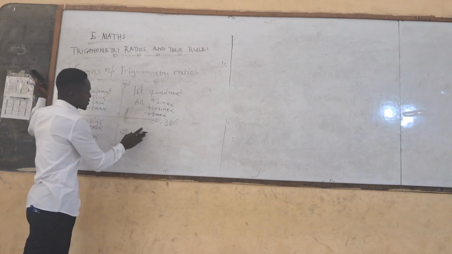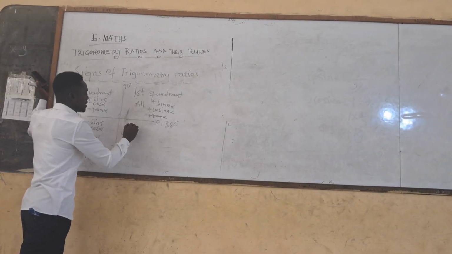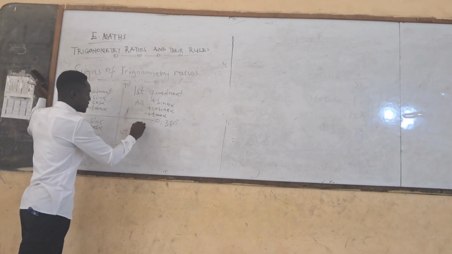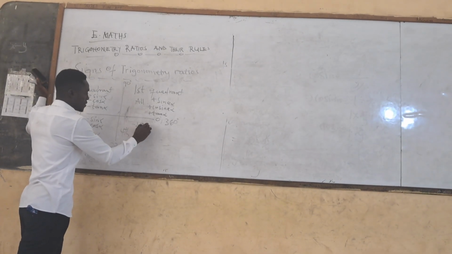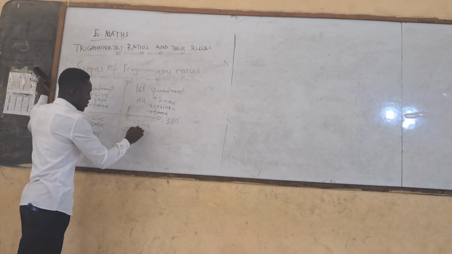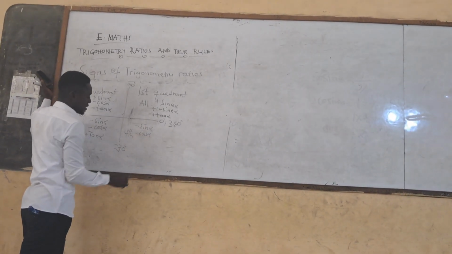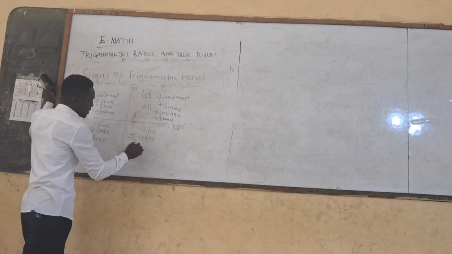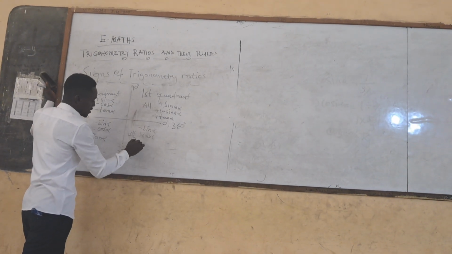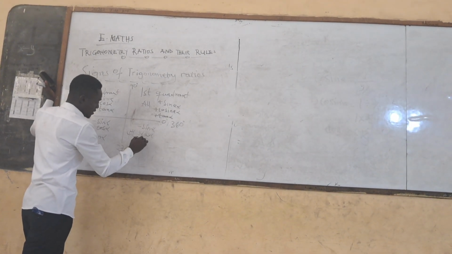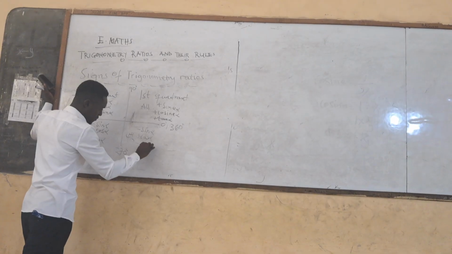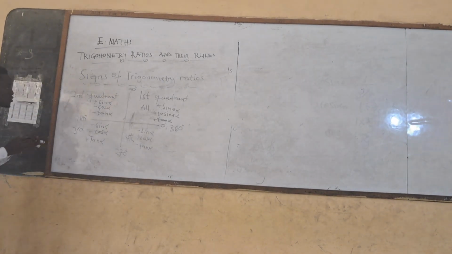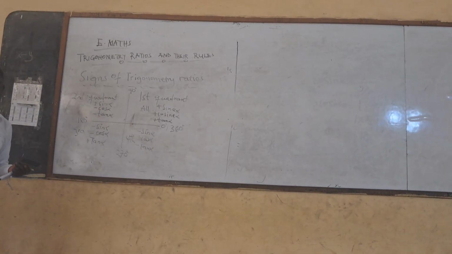In the fourth quadrant, sine is negative, cos is positive, sorry, and tan is negative. Now we are going to prove and see whether it is true or not.